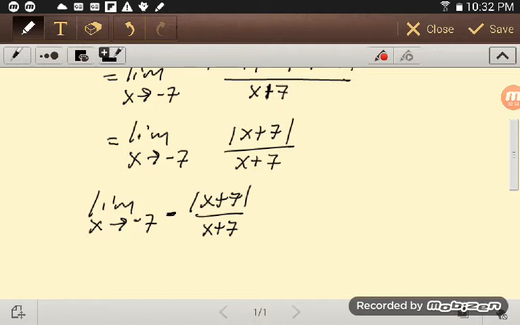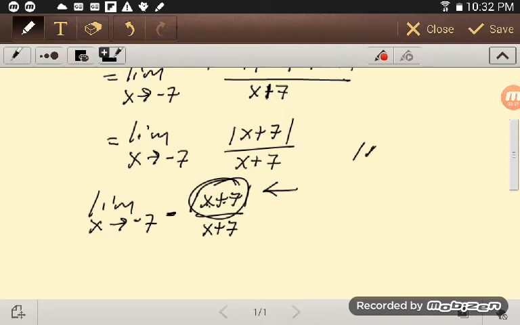So a number smaller than -7 makes this positive. Oh wait, I'm sorry, no, it makes it negative. I'm trying to screw up again. If it's like -8, -8 plus 7 is -1, so we better look at the absolute value here.